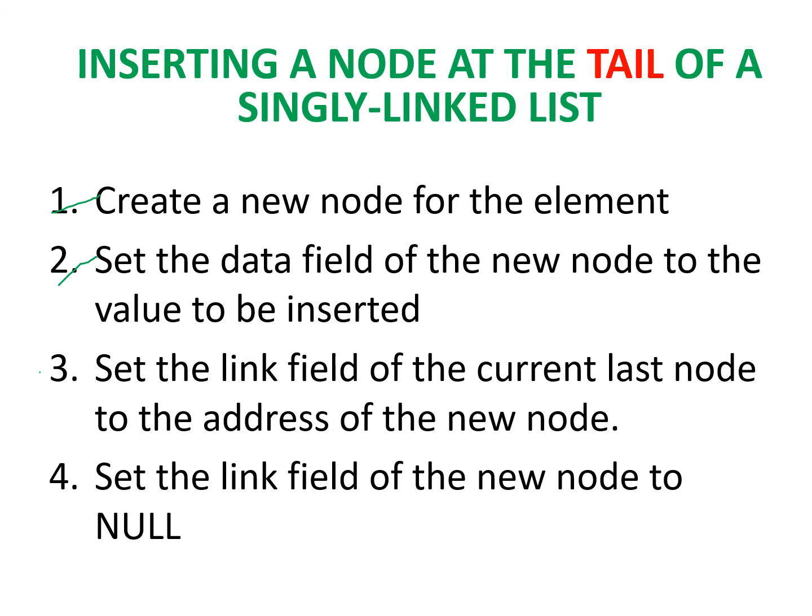And then, eto naman, may iba, no? So, you're going to set the link field of the current last node. So, the current last node, or the current tail, the link field of that current tail will now be the address of the new node. Or simply saying, the address of the new node will be assigned to the link field of the current tail.